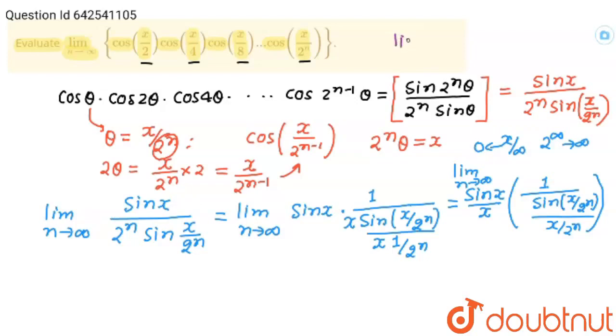The formula is limit x tends to 0 of sin x upon x is equal to 1 if both terms are the same and both tend to 0. So here x upon 2^n and x upon 2^n are the same and both tend to 0. So for this limit as n tends to infinity, this value is going to be 1, and 1 upon 1 is going to be 1. So here the final answer will be sin x upon x.